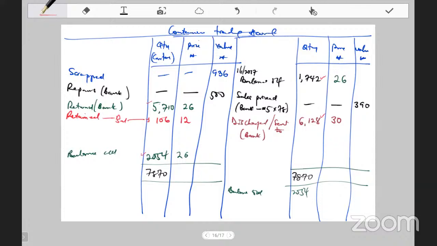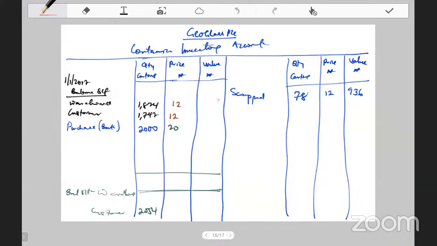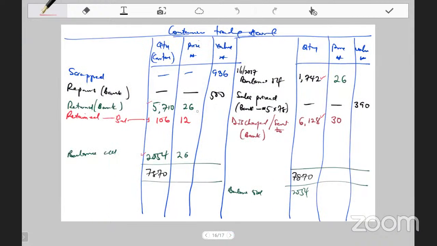So that goes to our account here: retained, 106 at 12. So what is 106 times 12? That gives 1,272. Is there any other information in the question?